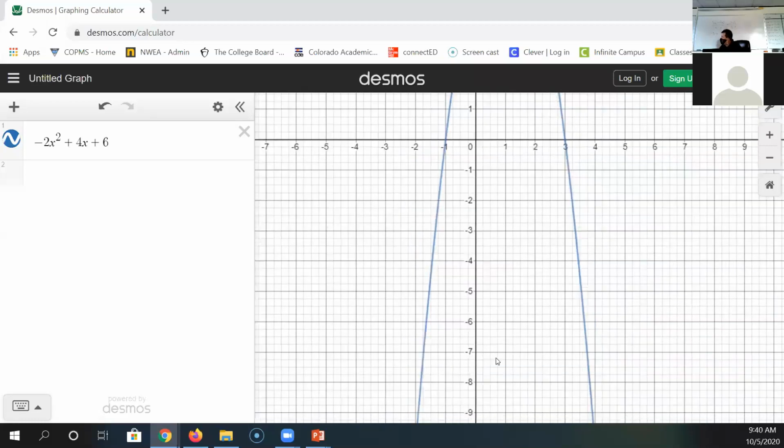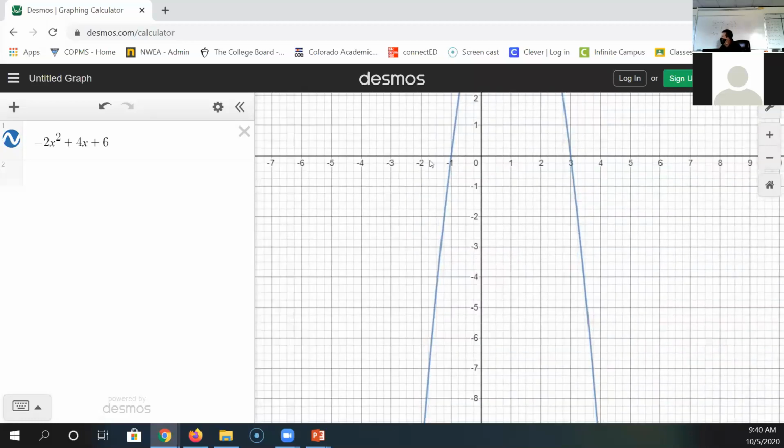I love it because it gives you all access, but at the same time, it kind of makes it a little difficult to find your given points. This is much easier when you're using a graphing calculator, because we could just punch in trace negative 3, trace negative 1, get our y values.